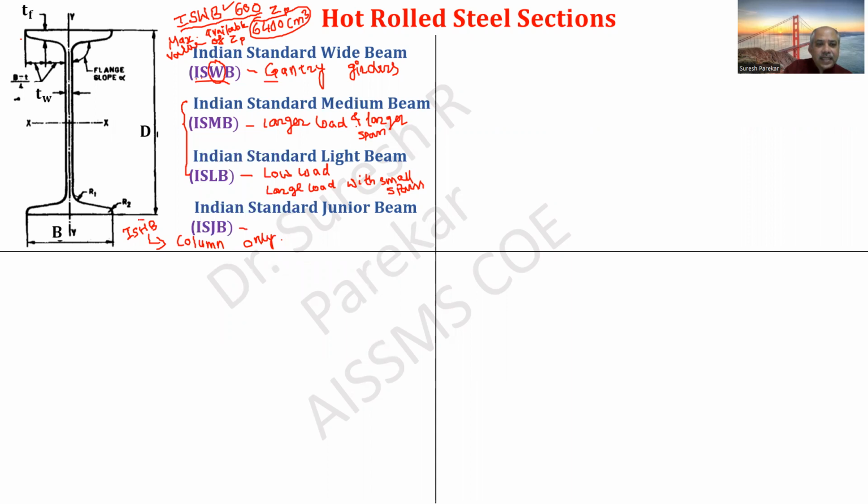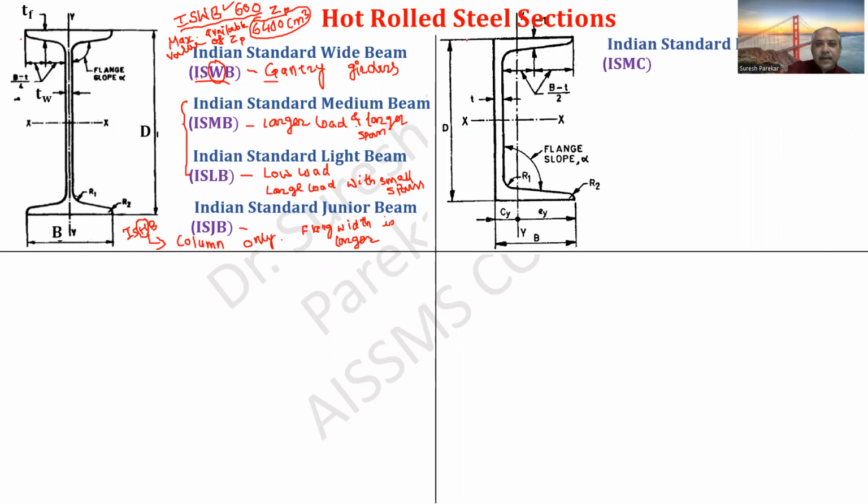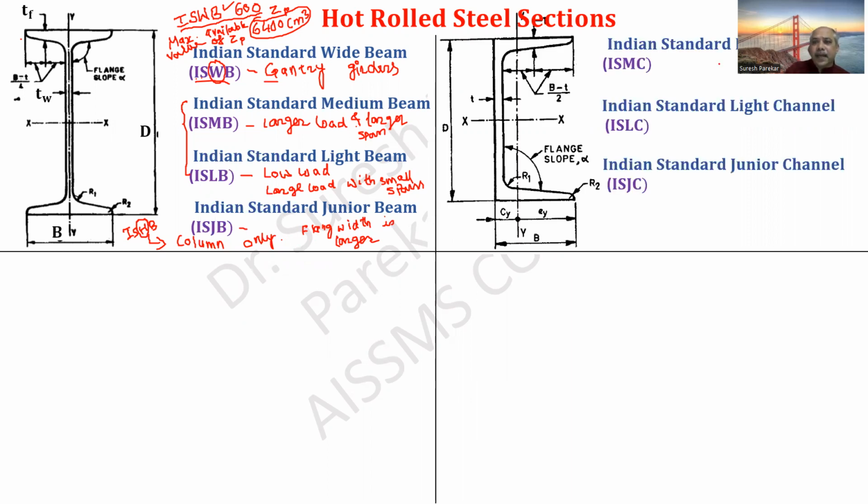The name itself indicates that the flange width is larger, and we also have a larger ZP in that case, and therefore we prefer this one. Now we have second, Indian Standard medium channel, ISMC, which I have already mentioned. Then we have ISJC. The names we have over here, you can go through, we have more over there. ISSC.